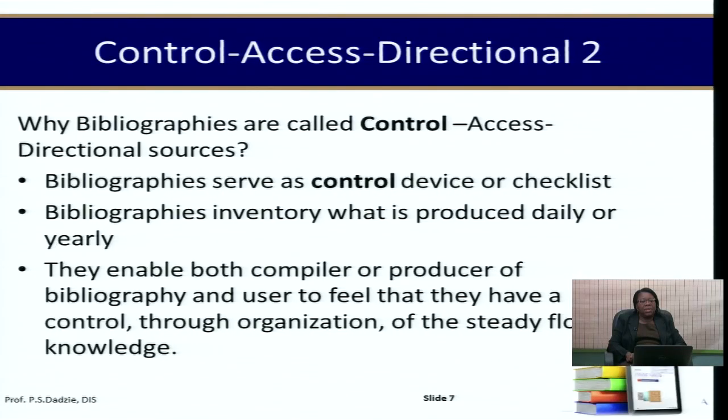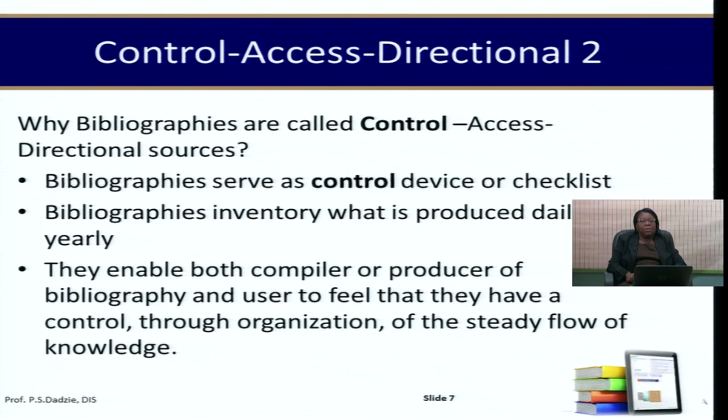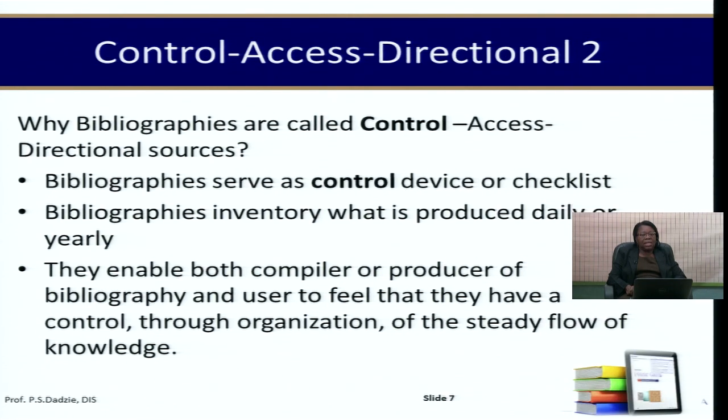We'll start with control. Bibliographies serve as control devices or checklists because they are an inventory of what is produced daily or yearly. They enable the compiler or producer to feel that they have control through the organization of knowledge. So that is why we call a bibliography a controlled material.